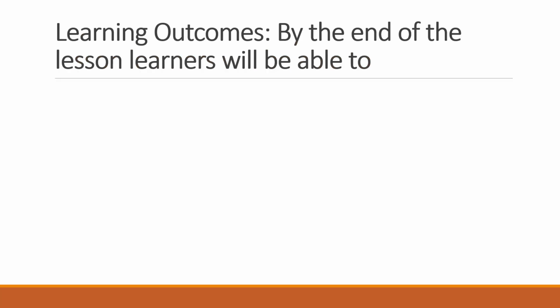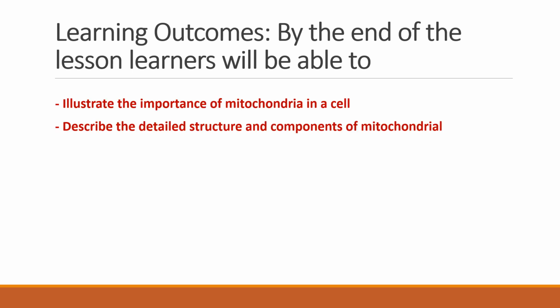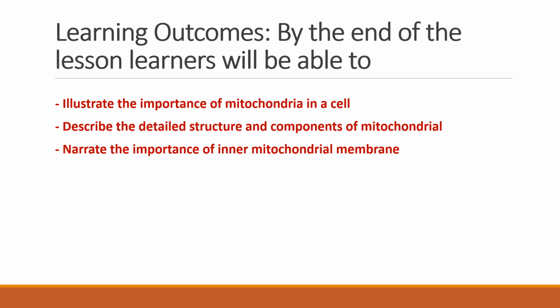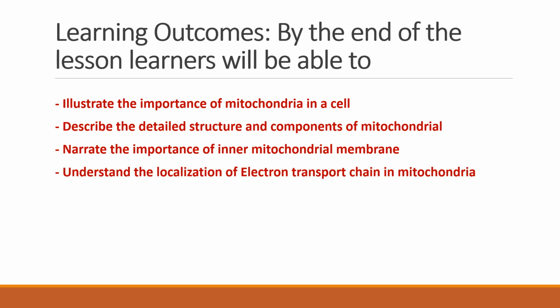The learning outcomes are, by the end of the course, the learners will be able to illustrate the importance of mitochondria in a cell, describe the detailed structure and components of mitochondria, narrate the importance of the inner mitochondrial membrane, and understand the localization of the electron transport chain in mitochondria.